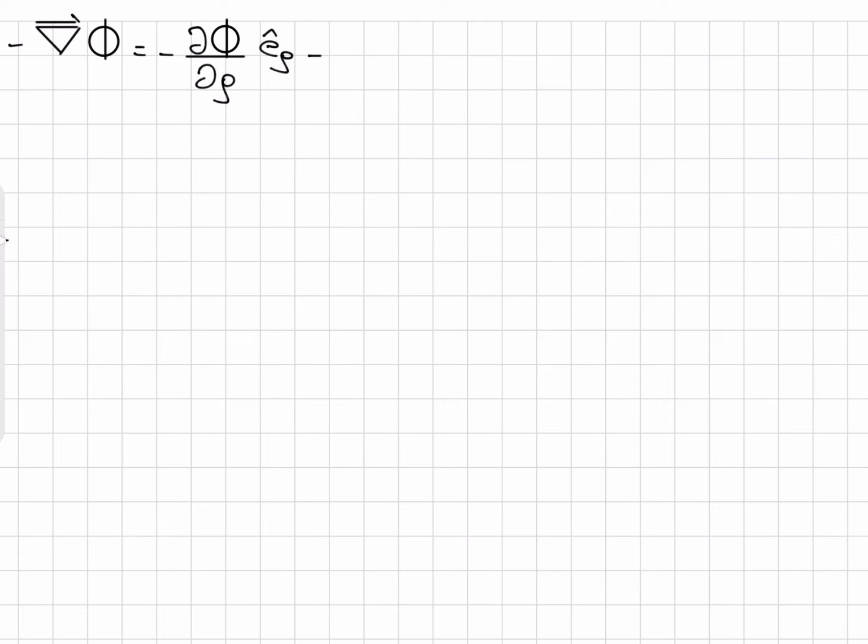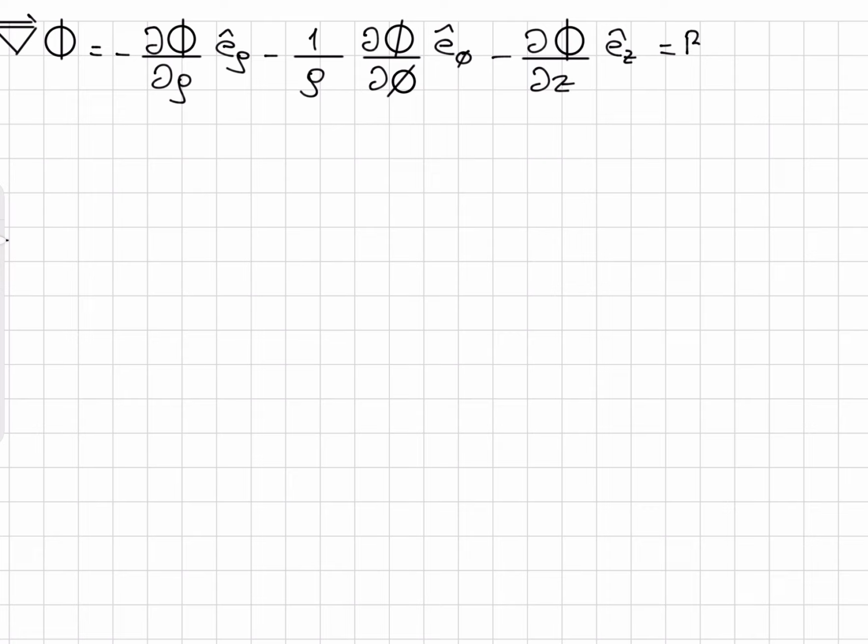Then I have minus 1 over h phi, which is 1 over rho, times the partial derivative of the scalar function phi with respect to the azimuthal angle phi, e phi hat. And then minus the partial derivative of phi with respect to z, e z hat, because the scale factor h sub z is equal to 1. And this is supposed to be equal to B0 e z hat.